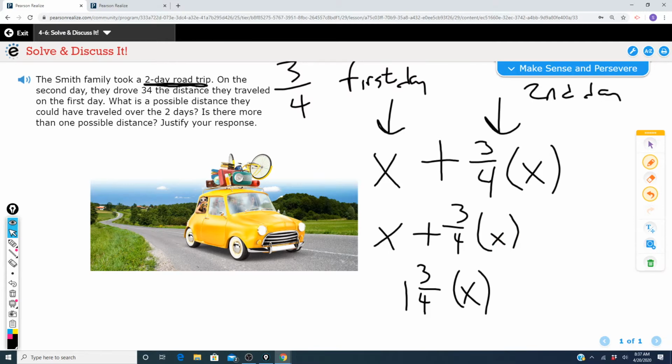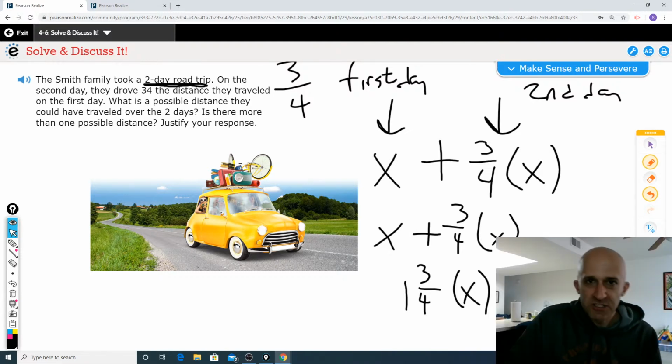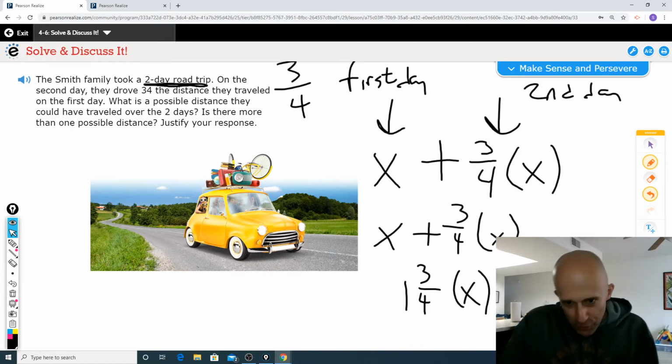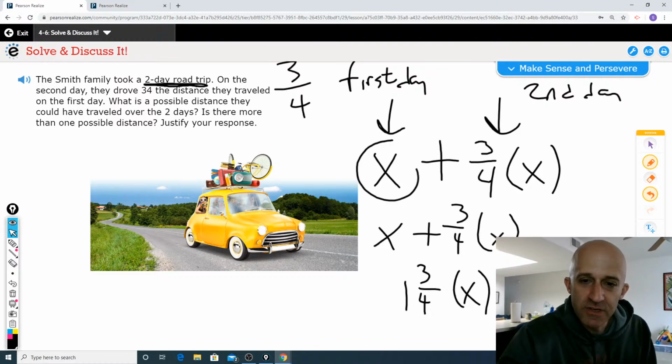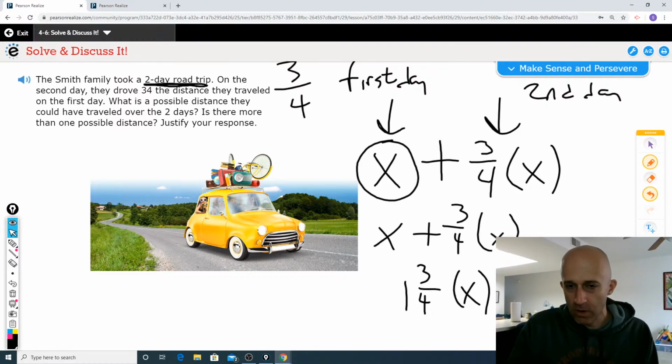1 3/4 x. So the question asks, what's the distance they could have traveled over the 2 days? Here's the fun part about math. You can give them some distance that they traveled on the first day.